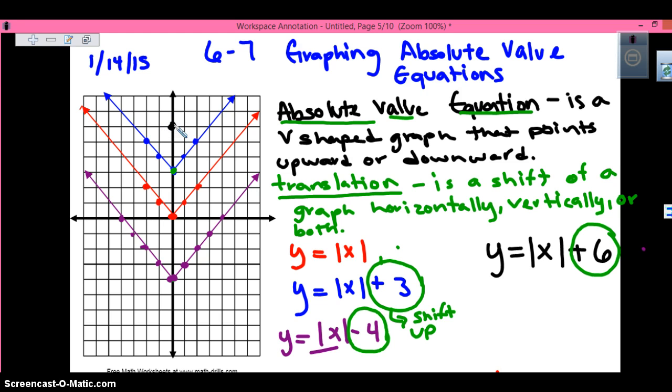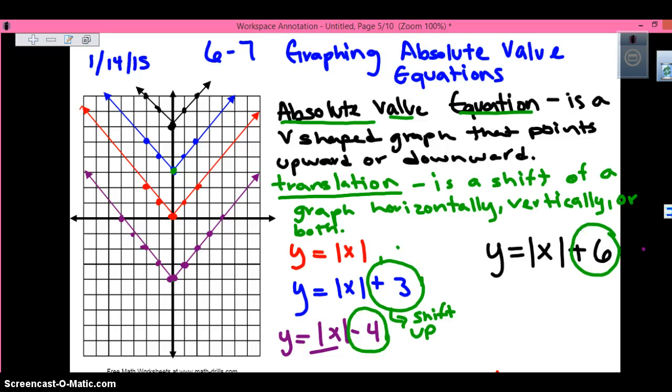And from here I would start plotting the same V shape, because I've shifted the graph. It's the same shape, but in a different position. So it's the same shape of y equals the absolute value of x, which is this red one.